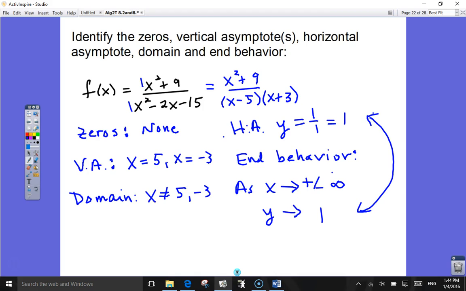Okay. So how did the denominator factor? What are the factors? What is the factoring of the denominator?